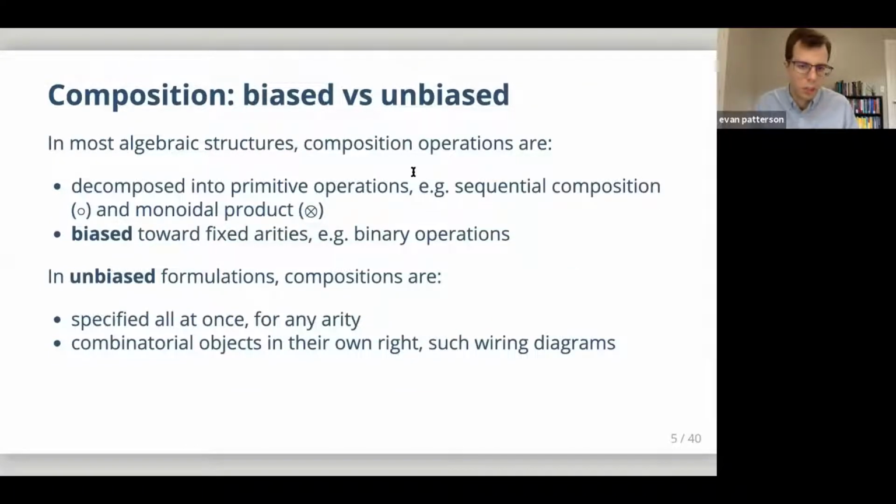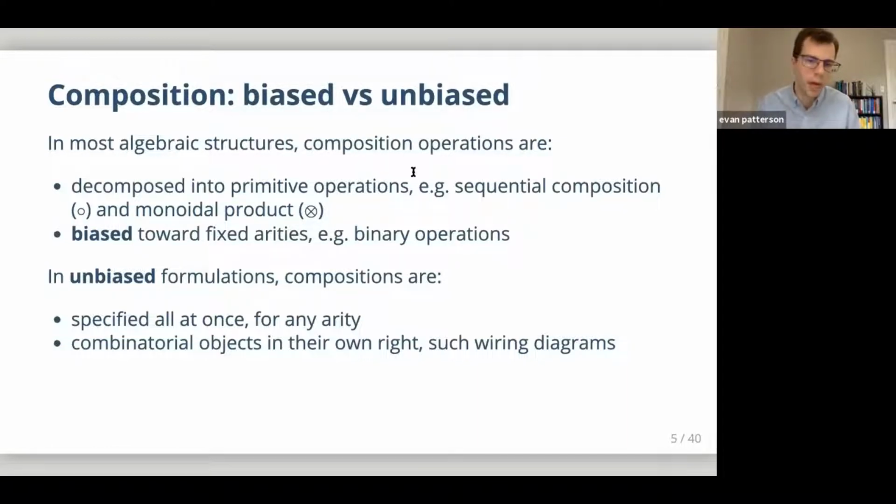Another distinction, which is a bit more technical but also important in practice, is the distinction between biased and unbiased notions of composition. In most algebraic structures, both in classical abstract algebra and in category theory, the notion of composition that the structure embodies is decomposed into a set of primitive operations of fixed arity, often binary operations.